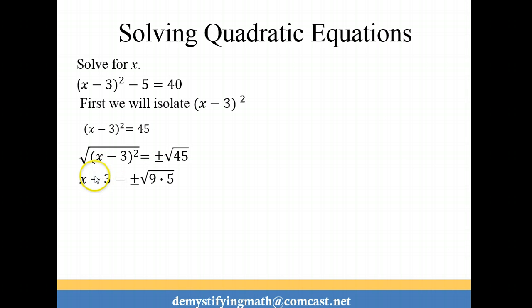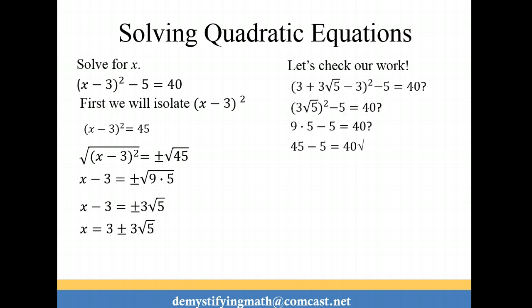So we end up with x minus 3 on the left side, and plus or minus square root of 45 on the right. And then I broke 45 up as a perfect square, which is 9, times a number. So we're going to have 3 square roots of 5. Now we're going to bring our 3 over to the other side, so we're adding it to this. So it's 3 plus or minus 3 square roots of 5 are our two solutions.